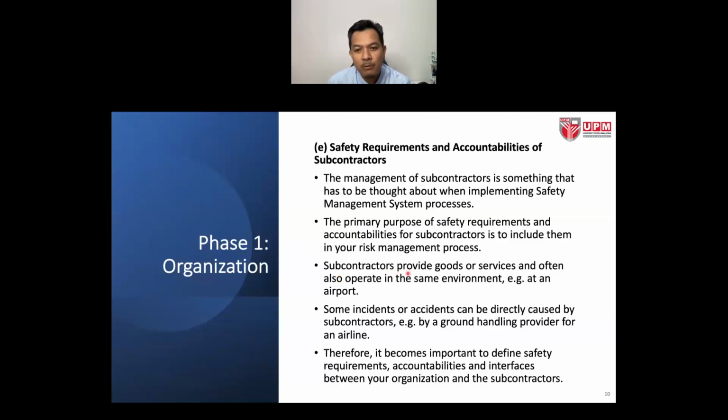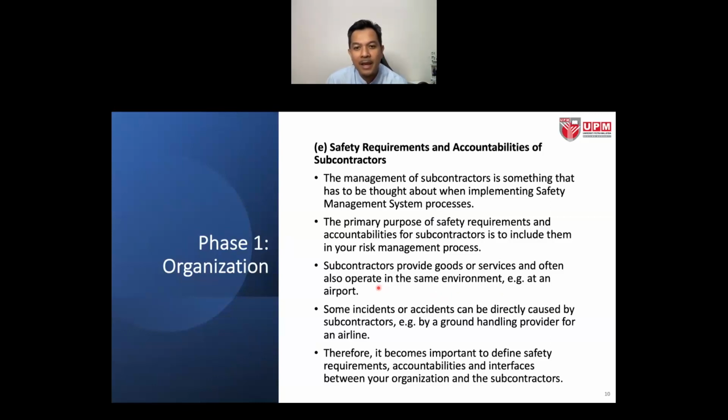So subcontractors will provide goods. They send items, components. They also provide services, and they conduct maintenance. Probably they do replacement of parts and so on, and often also operate in the same environment as your organization, for example, at the airport or the hangar or the warehouse. So the subcontractors will also get involved, and that can result in an accident.